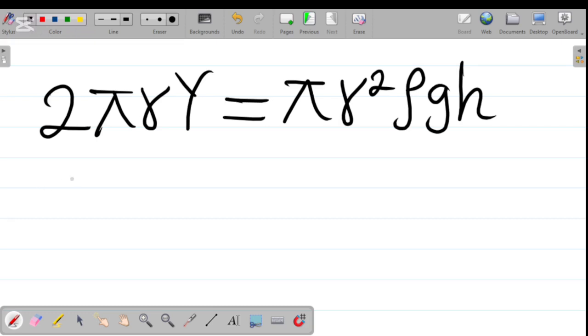All right, so at this point, we are going to divide through by 2 pi r.